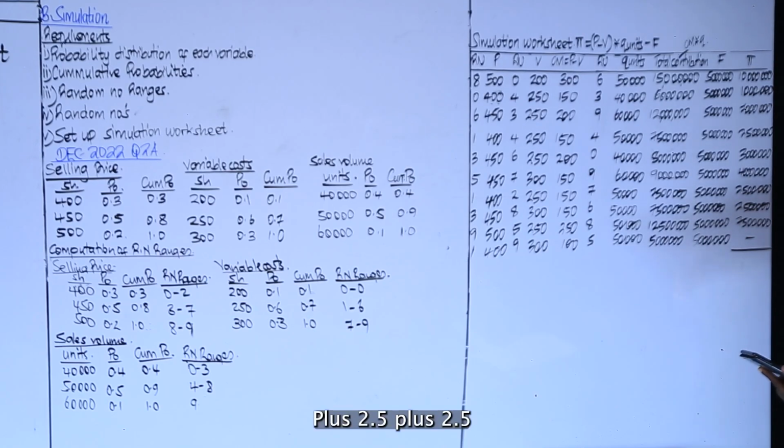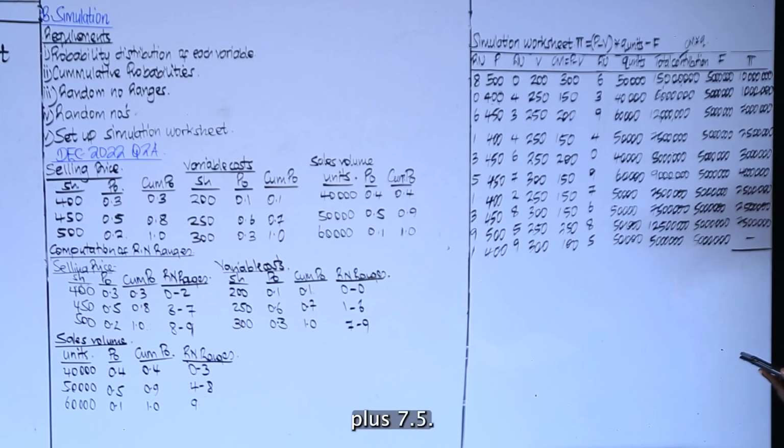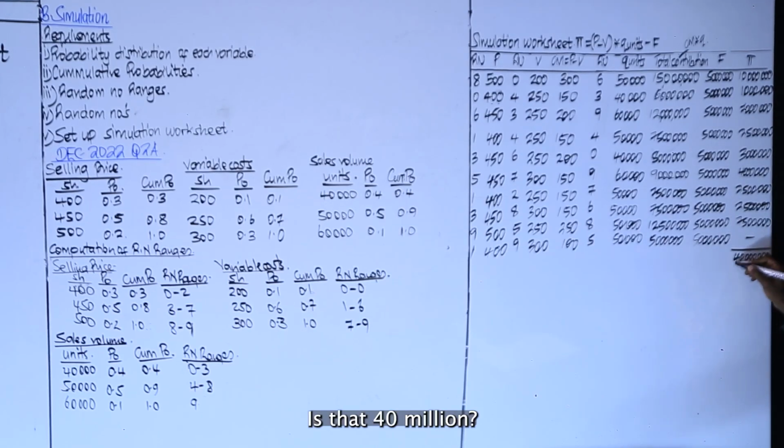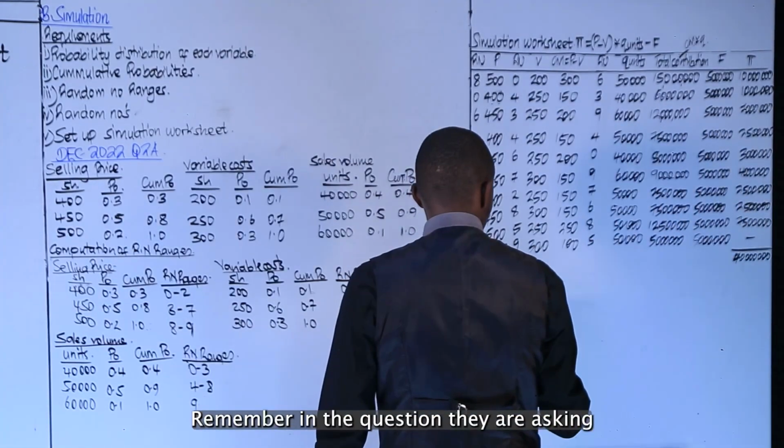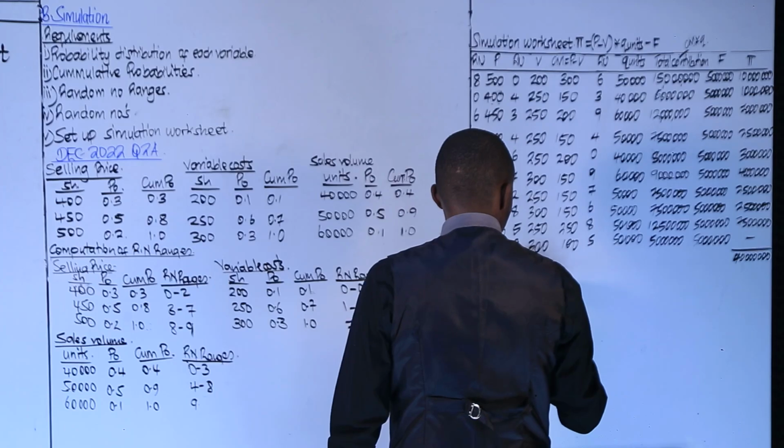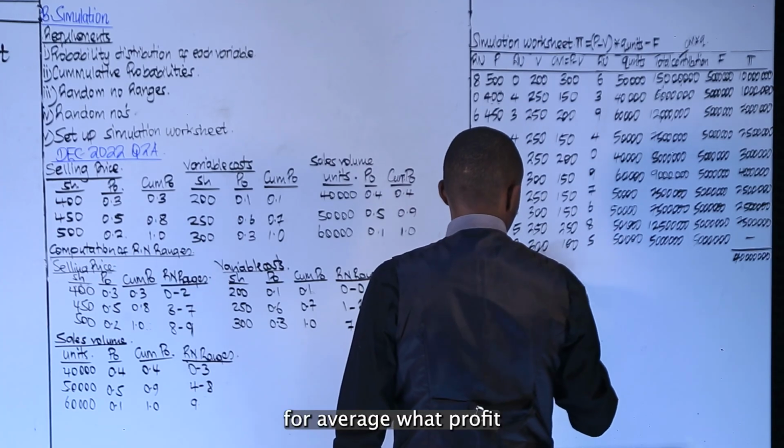Plus 2.5 plus 2.5 plus 7.5. Is that 40 million? So therefore your average profit. Remember, in the question they are asking for average profit.